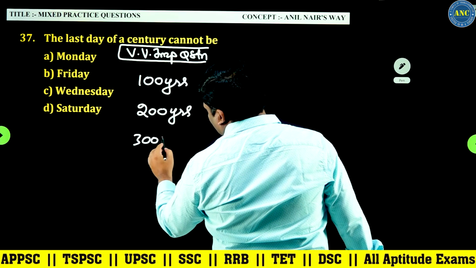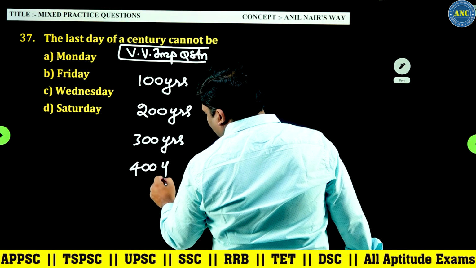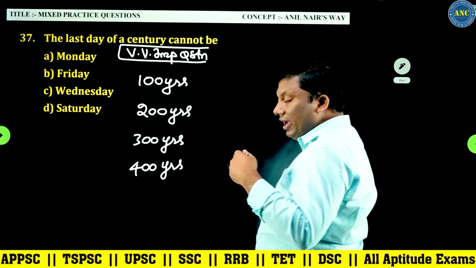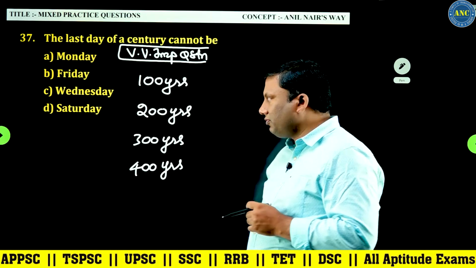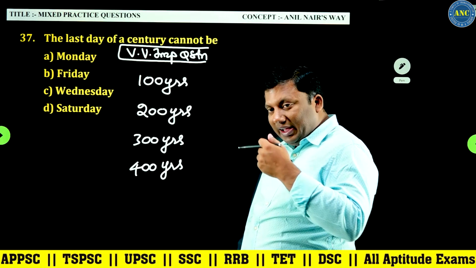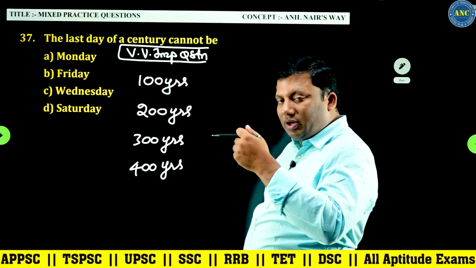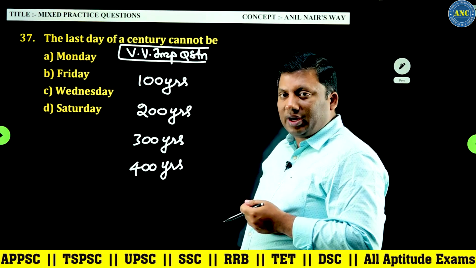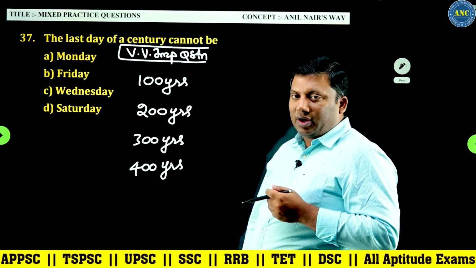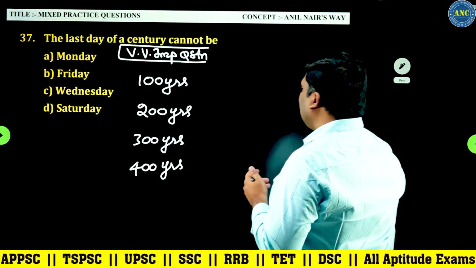100 threes are 300. 100 fours are 400. Why am I not taking any multiple of 100 beyond 4? You will understand once I complete these 4. If I take 100 years, from 0 to 99, 4 is a multiple of 4, 8 is a multiple of 4, 96 is a multiple of 4.